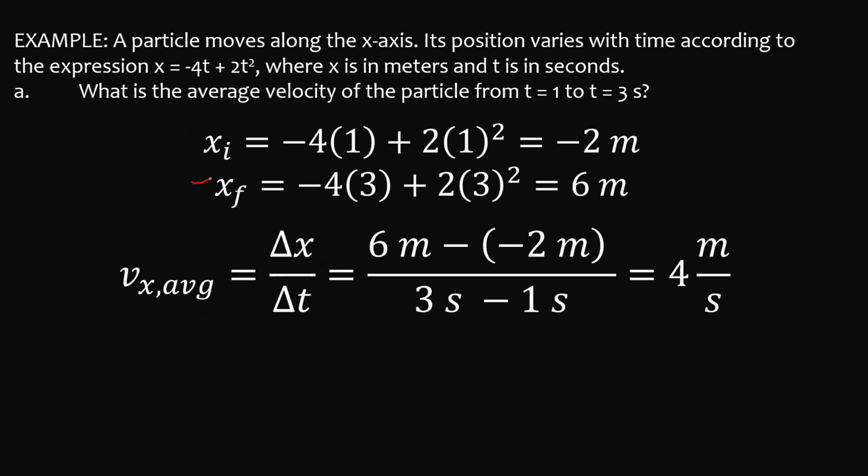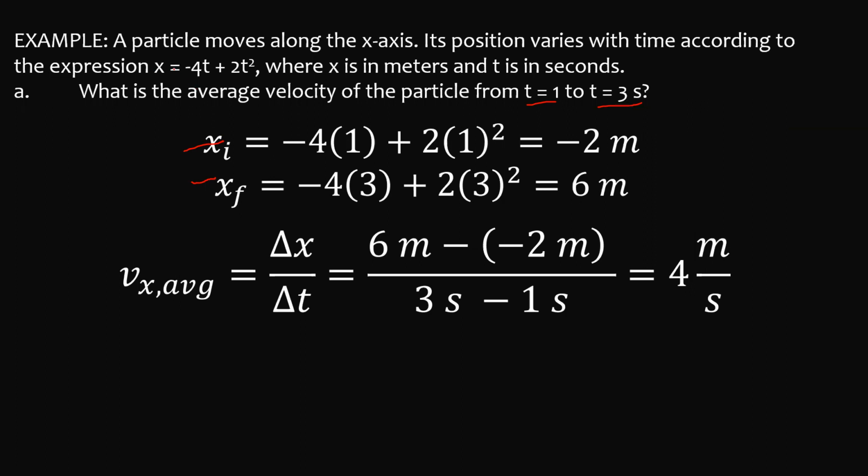We need to get the final position and the initial position. We just substitute the values of t equals 1 and t equals 3, where t equals 1 is for the initial position and t equals 3 is for the final position.